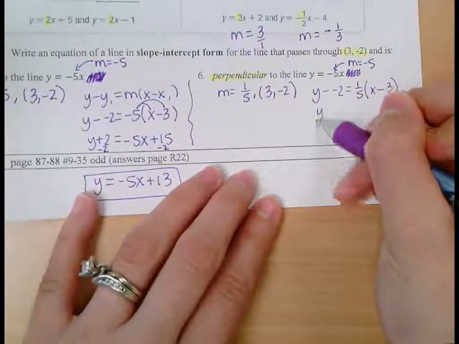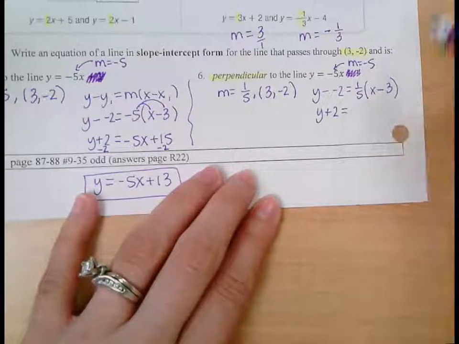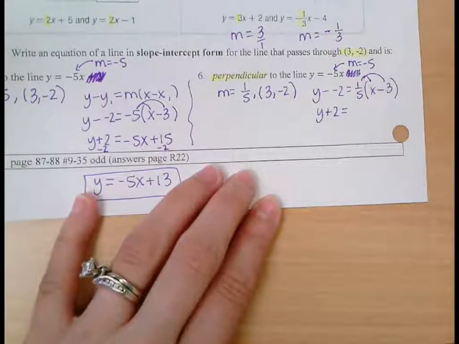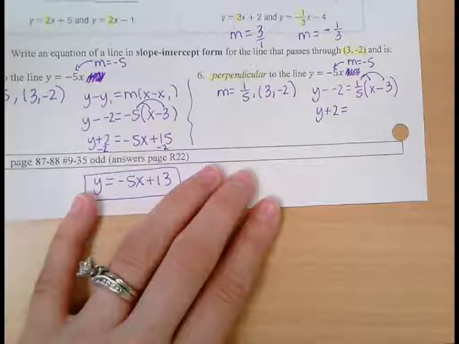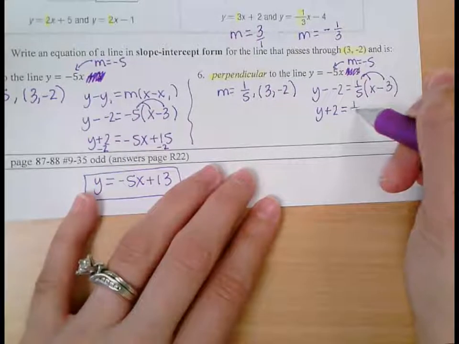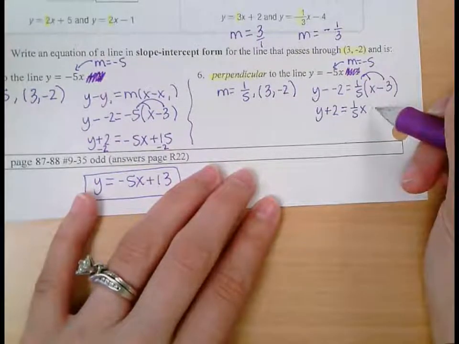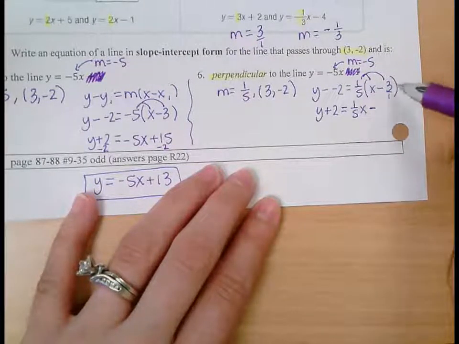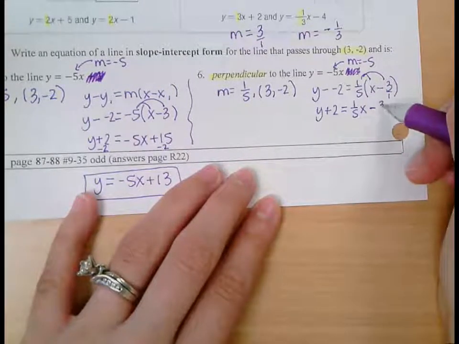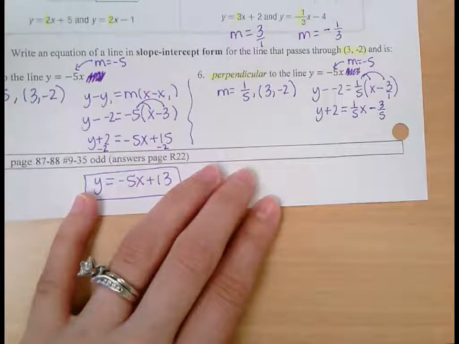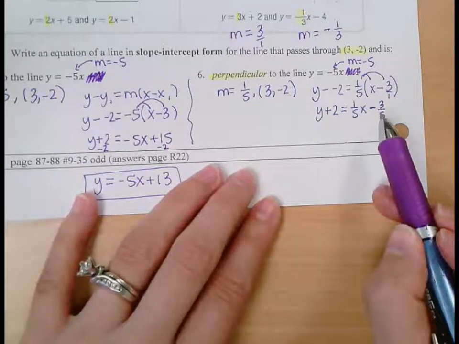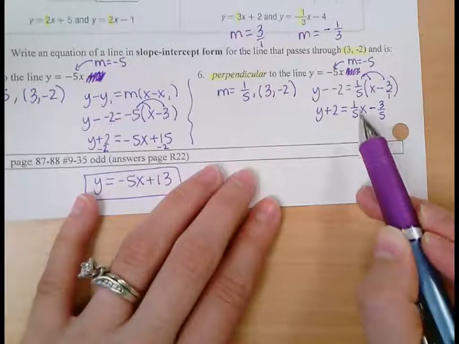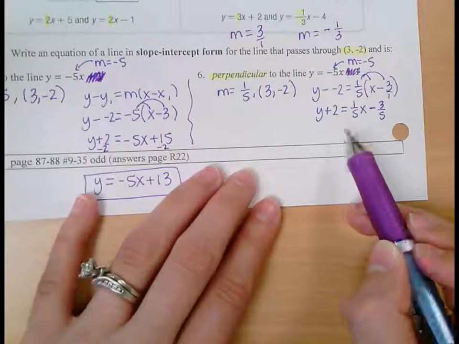So again, my left side is y plus 2, but now on the right side I have to distribute 1/5. So I have 1/5 x minus, and this would be 3 over 1, so 1/5 times 3 over 1 would be 3/5. I could change the 3/5 to a decimal, but make sure you're leaving your slope as a fraction.